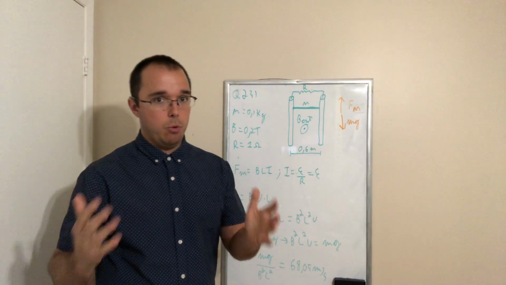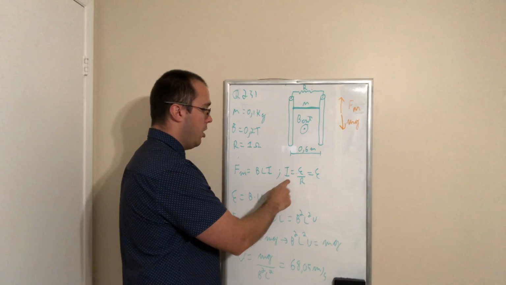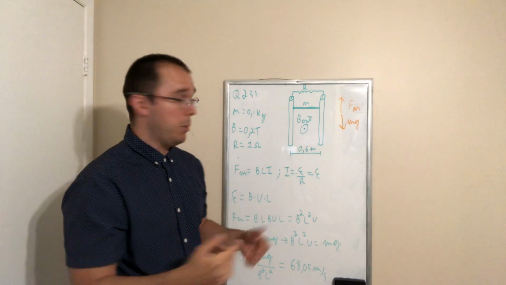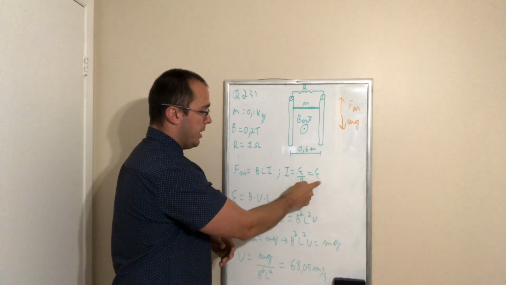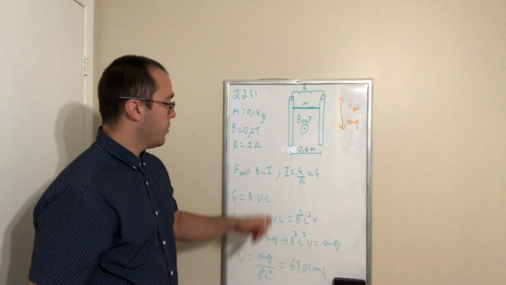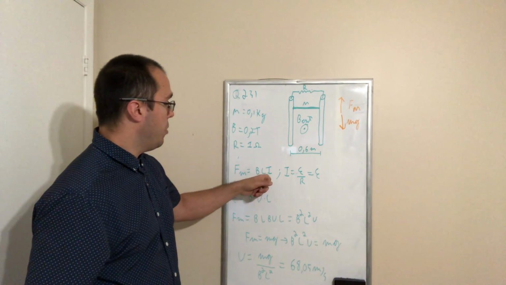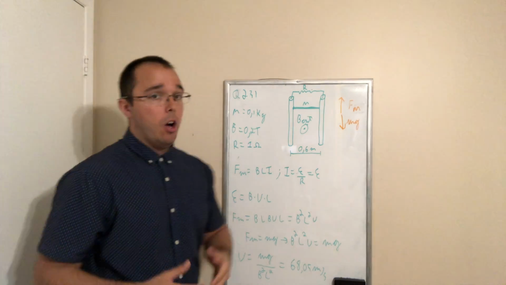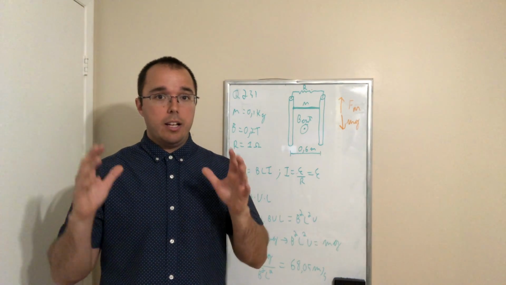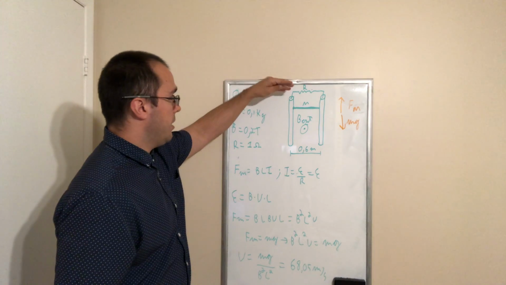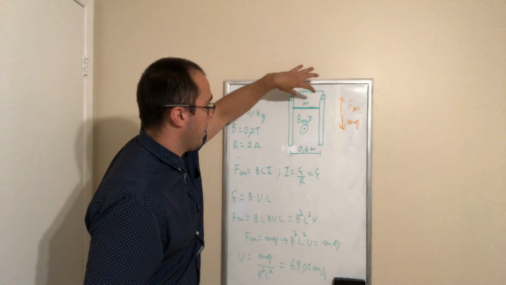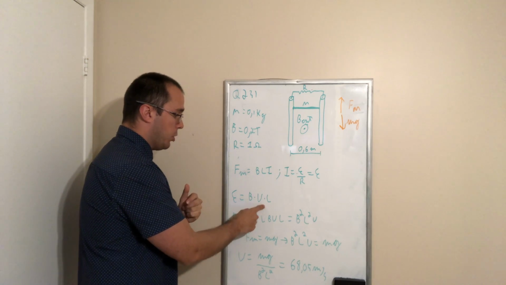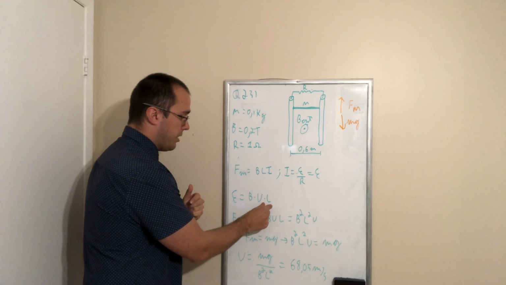Now note, by Ohm's law, the current will be equal to the electromotive force divided by the resistance. Well, the resistance is simply 1, therefore the current and electromotive force will be the same. We could, if we wanted to, replace the I over here with the electromotive force. We've seen in the previous video that the electromotive force in this type of circuit is equal to the magnetic field multiplied by the velocity multiplied by the length.